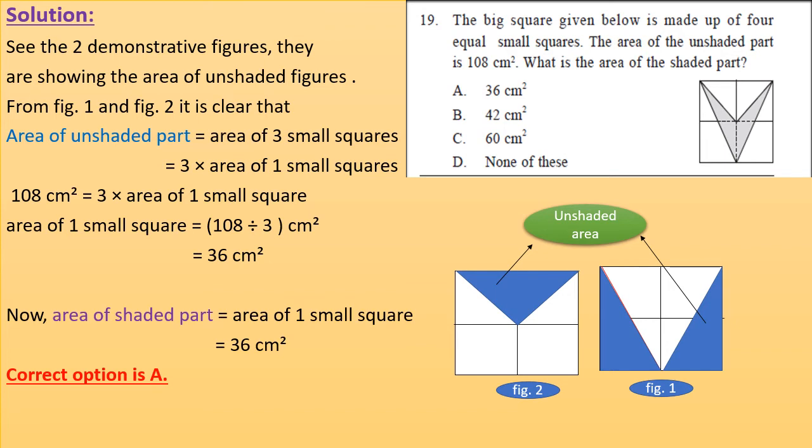Now the area of 1 small square is 108 divided by 3 centimeter square, which is 36 centimeter square. Now if the unshaded part covers 3 small squares, that means the area of the shaded part is equal to the area of 1 small square, which is 36 centimeter square. So the correct option is A.